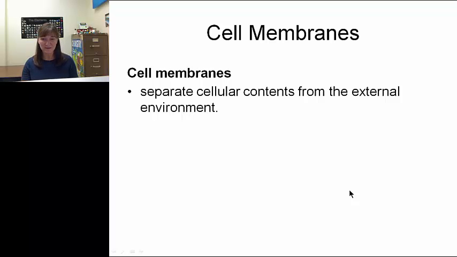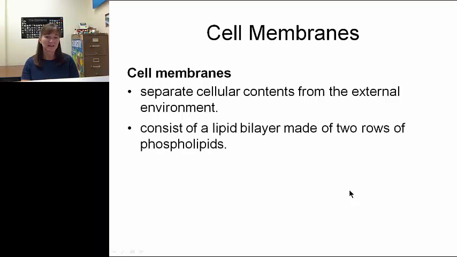Focusing on cell membranes, there's a lot here I want you to know. Your biology teacher is going to expect you to come with a certain amount of knowledge about the cell membrane. So cell membranes separate the cellular content, the stuff inside the cell, from the external environment of the cell. It consists of a lipid bilayer.